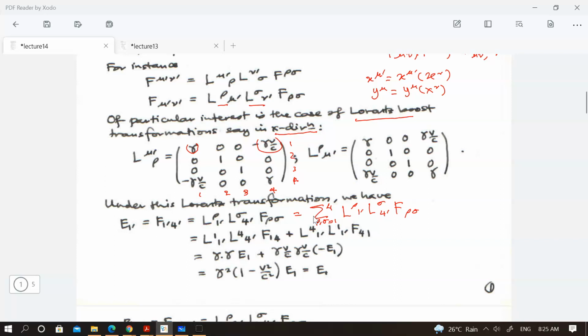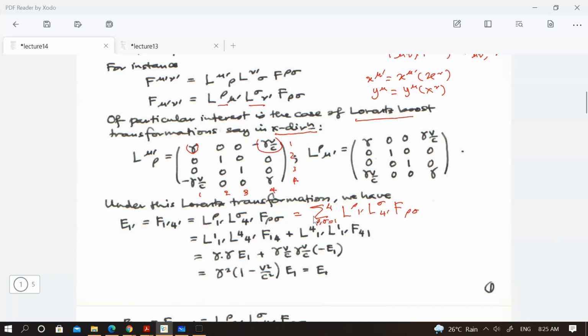The rest, for example, what's going to happen, let's say for 2 and 3? Then essentially, what do you have? L2 1 dash. I'm looking at this one. L2 1 dash would be row 2, column 1.